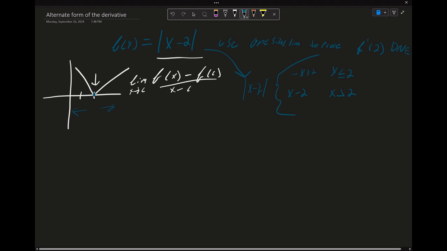So with these piecewise functions here, let's compute the limits from the left and the right. Let's go back down here. So the limit as x approaches c from the left in this case.